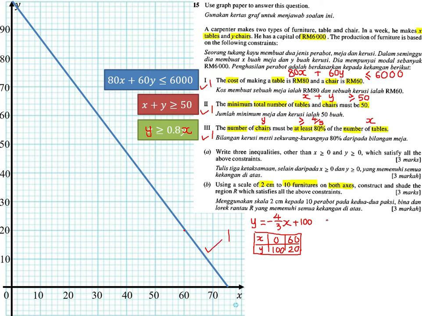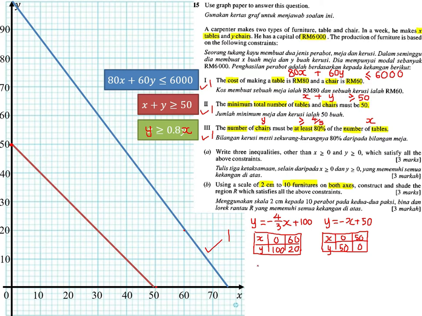Second graph also, I will move the x to the other side. So y equals negative x plus 50. Okay, as you can see, the y-intercept is 50. So that is our first point, 0, 50. Okay, second point, when x is 50, it will give me 0. Then I join.